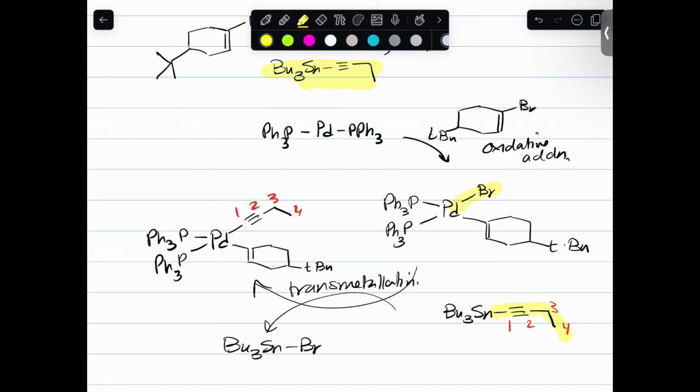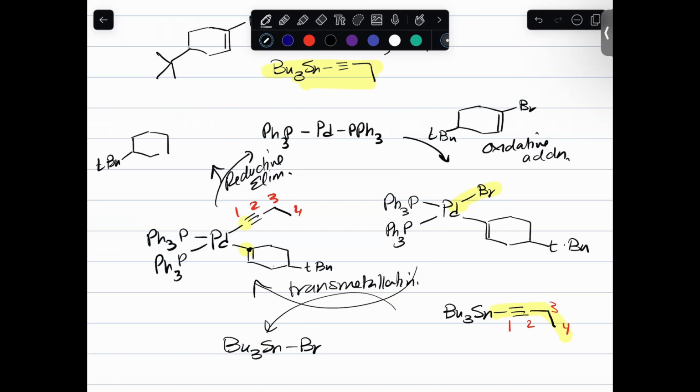And again, the last step is reductive elimination, where you're regenerating your catalyst, and the carbon 1 on the alkyne and the vinyl carbon are the ones that are bonding to each other.